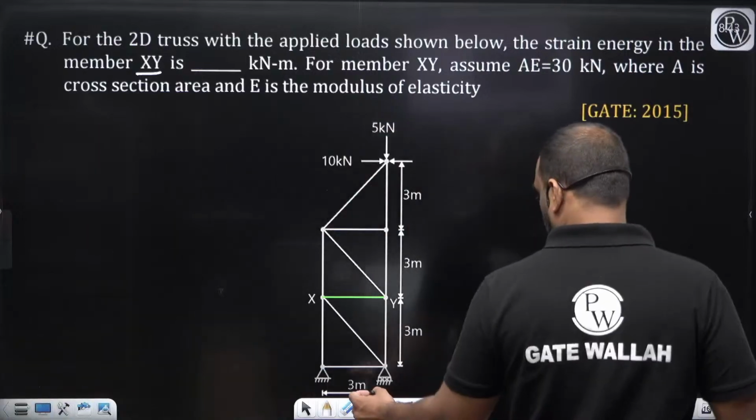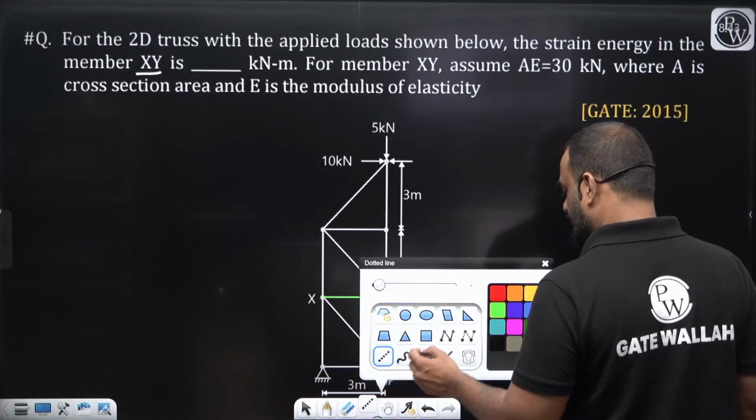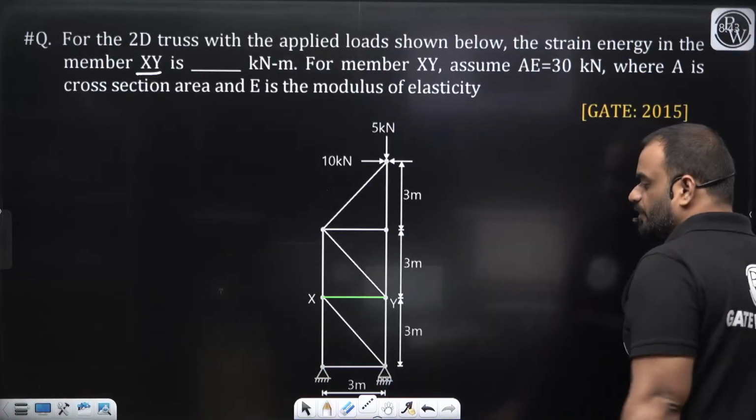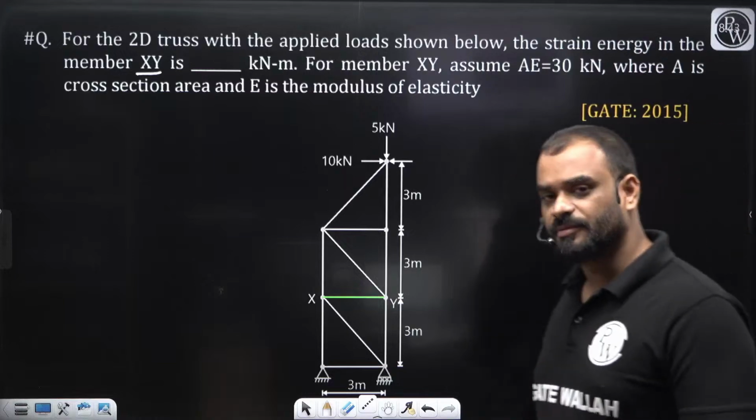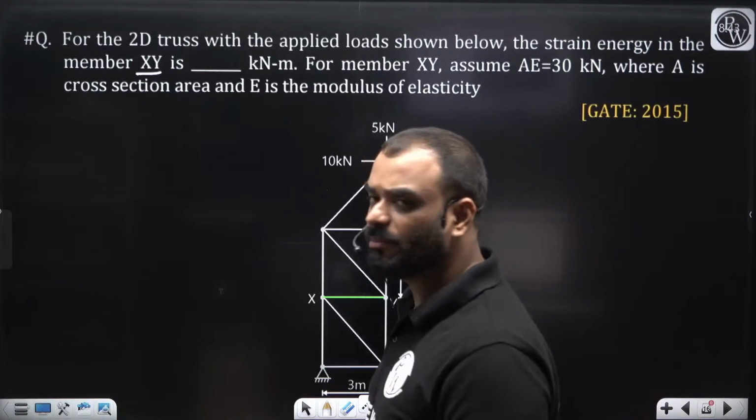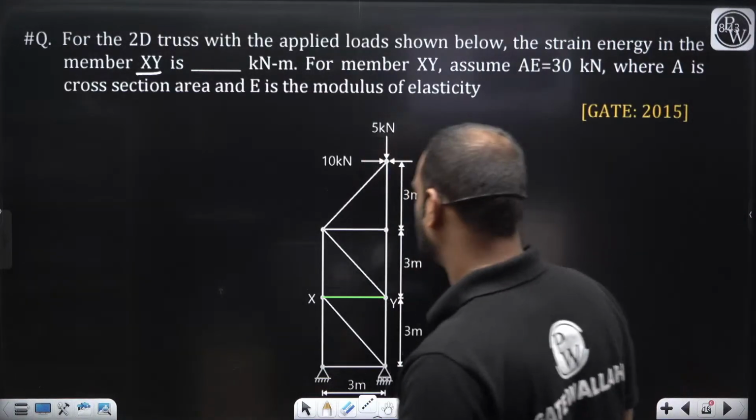Okay, let's understand this. A very simple question. If you are able to get the answer for the XY member, that means the force in the XY member, you will get the answer also for the strain energy part.